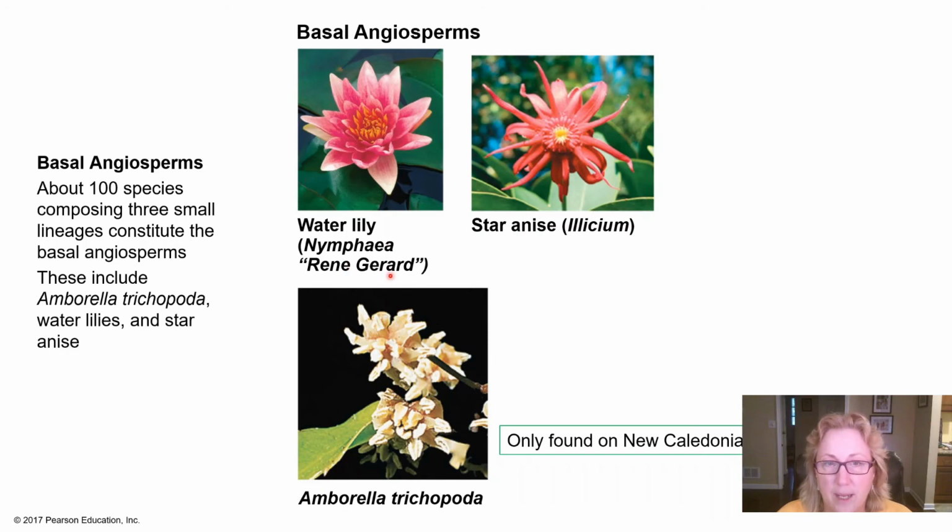Water lilies as well are considered very primitive and are an early branch of the angiosperms, as well as the star anise, which is native to Vietnam and is used extensively in cooking. The little brown star-shaped spice that you can buy is from this plant.